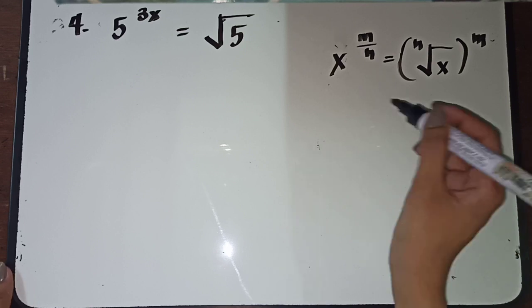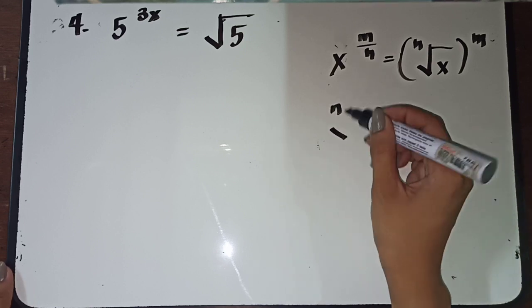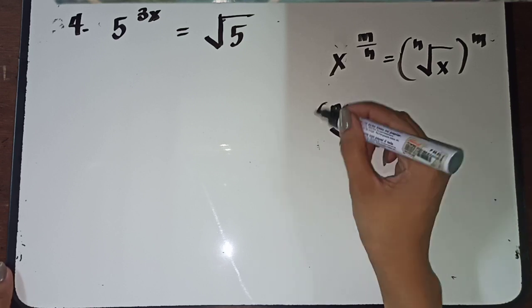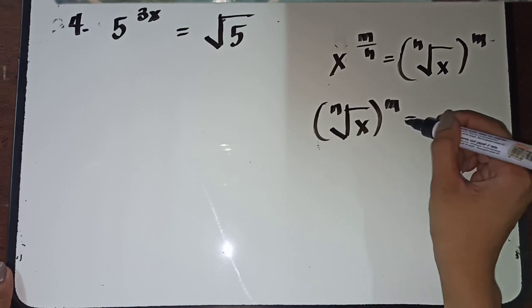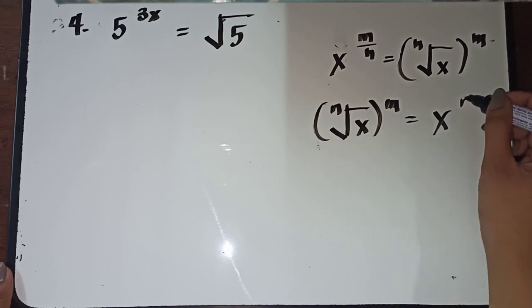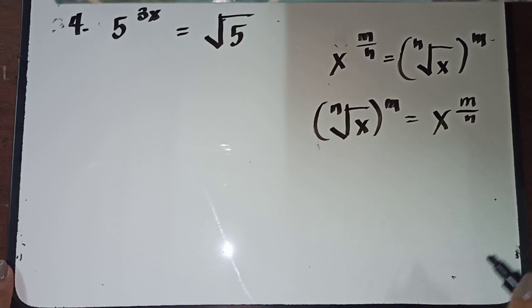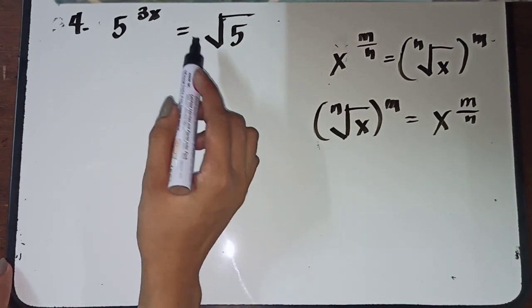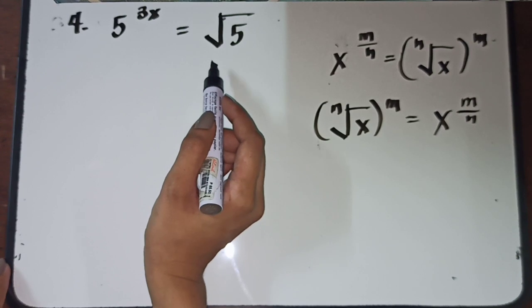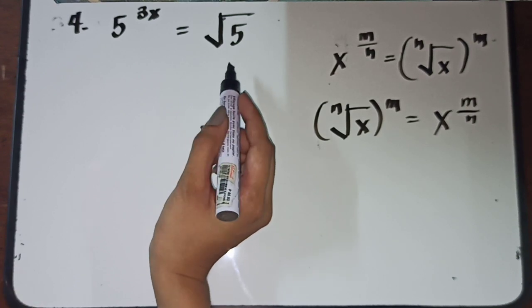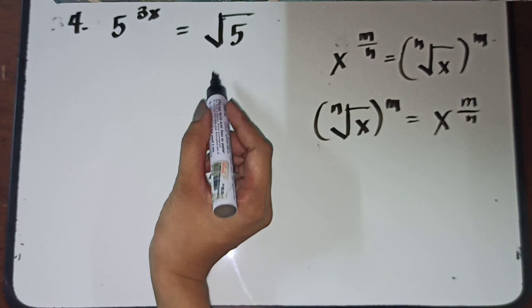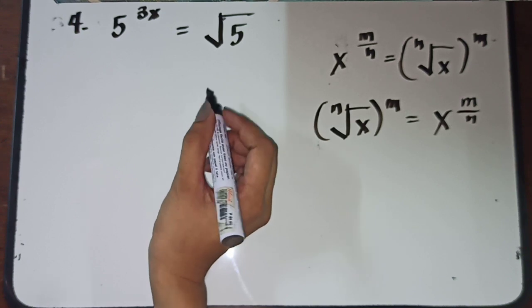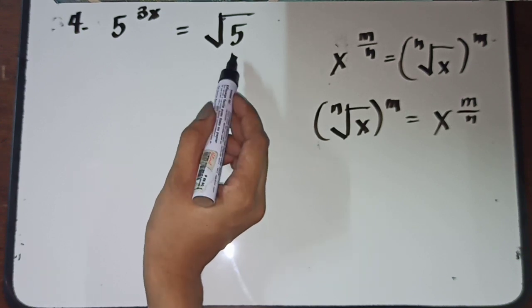So, it is just the same with the nth root of x raised to m is equal to x raised to m over n. Okay, so kung mapapansin nyo, ito, nasa ganitong form, si square root of 5. So, kailangan natin siya i-convert. Kailangan natin gawing fraction naman ngayon yung exponent para maging 5 na lang yung magiging base na.